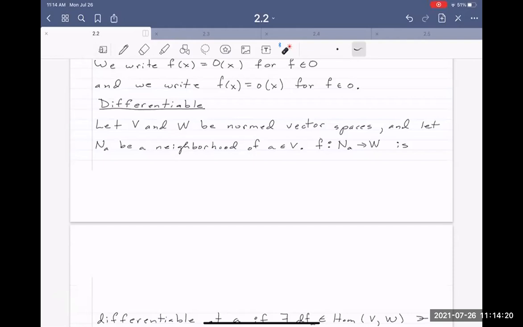So let me give you a slightly more precise definition of the derivative.